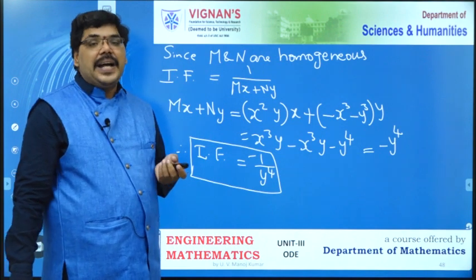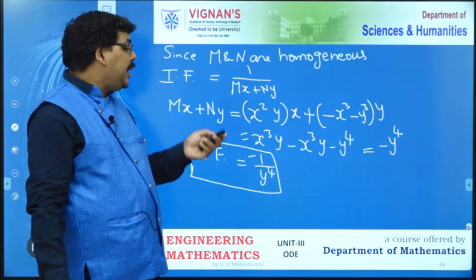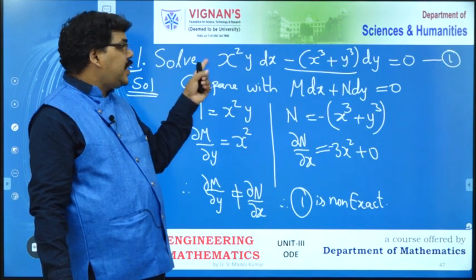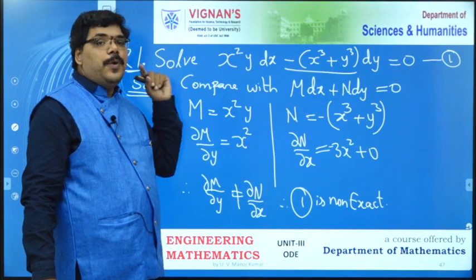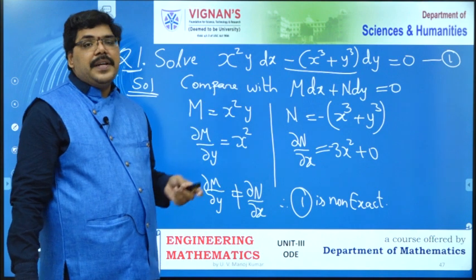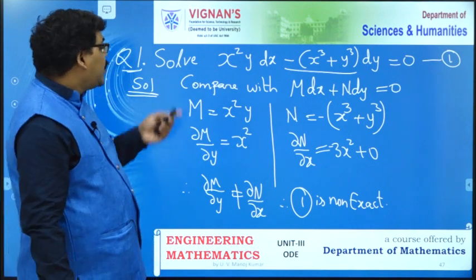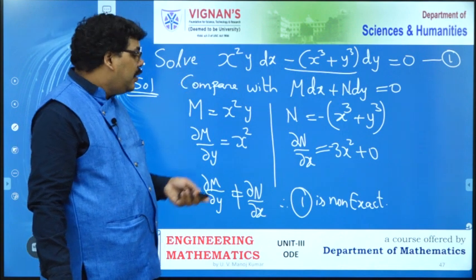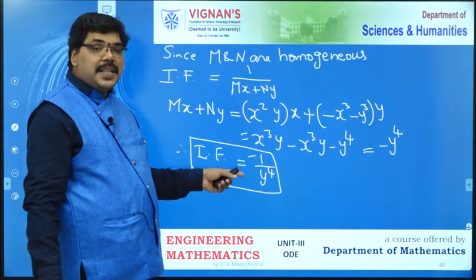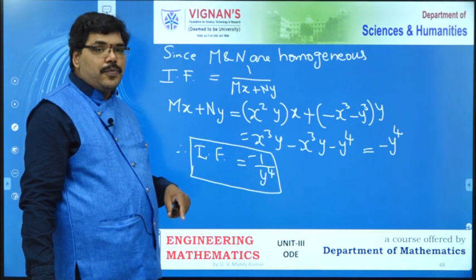After calculating the integrating factor, multiply the given differential equation. What is the given differential equation? Equation 1. You multiply the given differential equation with the integrating factor on both sides. So I am multiplying equation 1 with the integrating factor, minus 1 by y power 4.